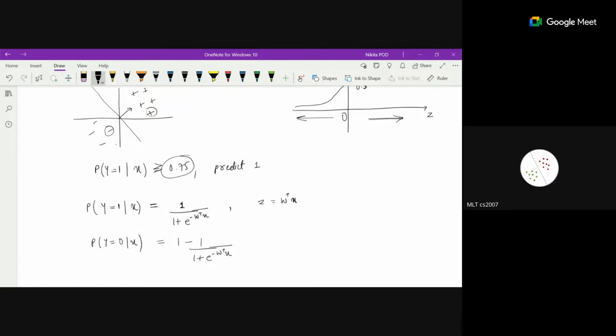So let's say I was given a data set, and given this data set I have to find the probability of y is equal to 1, and let's say I get this to be 0.85. If I put the threshold as 0.75, I'm going to predict 1, otherwise I'm going to predict minus 1. So according to this, I can predict this as plus 1, right? But if it was 0.35 or something, then I would have predicted it as minus 1.